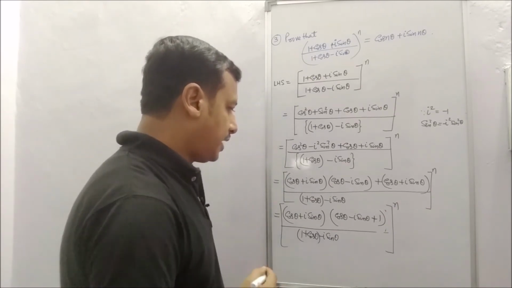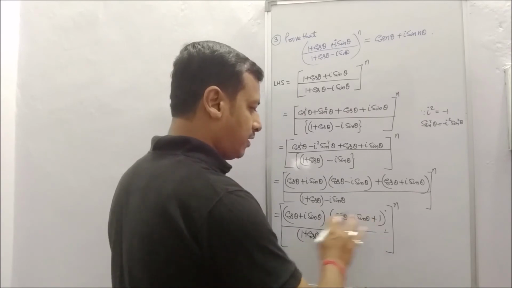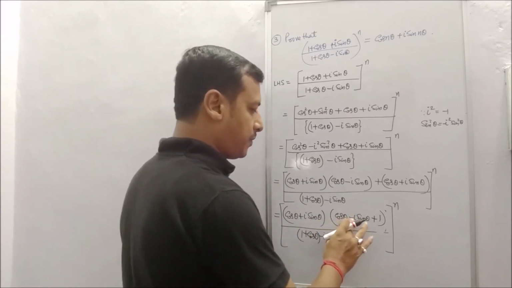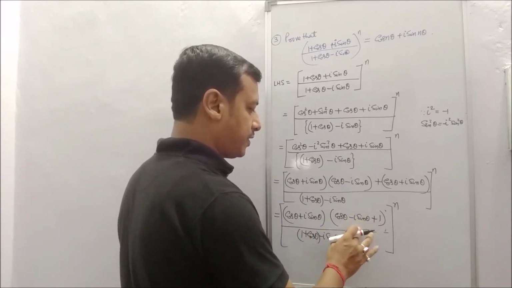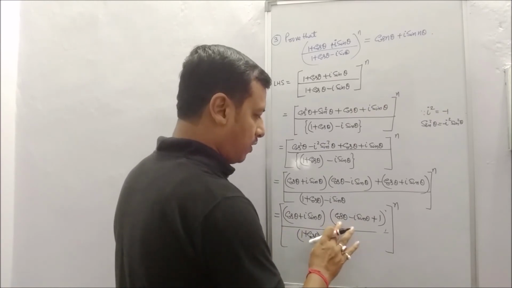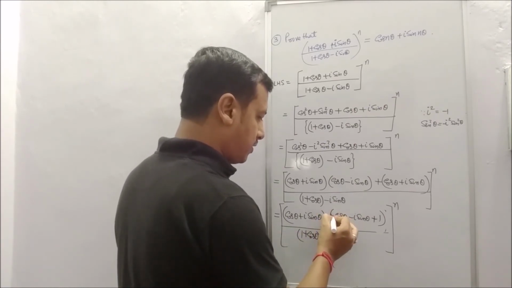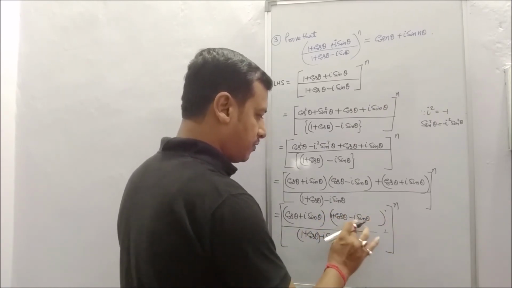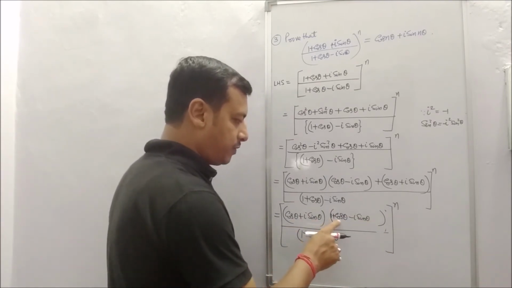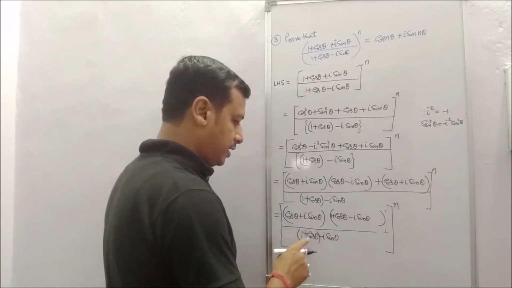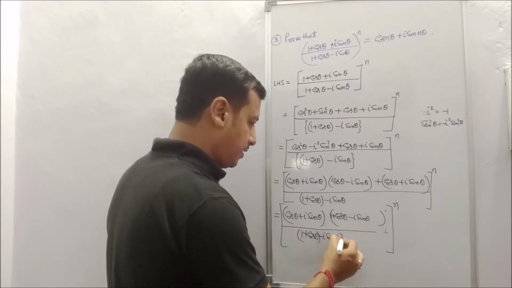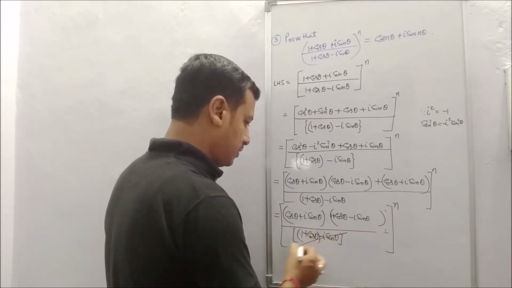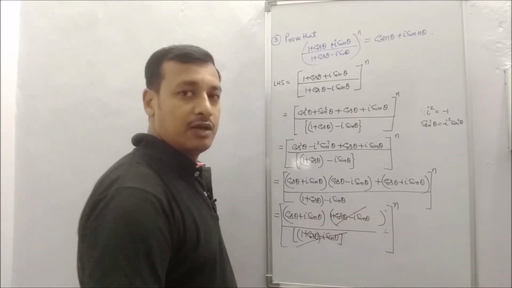Now we see that if we change the order of cos theta minus i sin theta plus 1 as 1 plus cos theta minus i sin theta, this and this term are the same, so they cancel out.